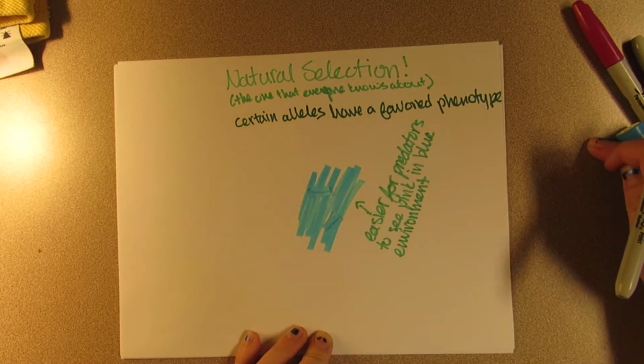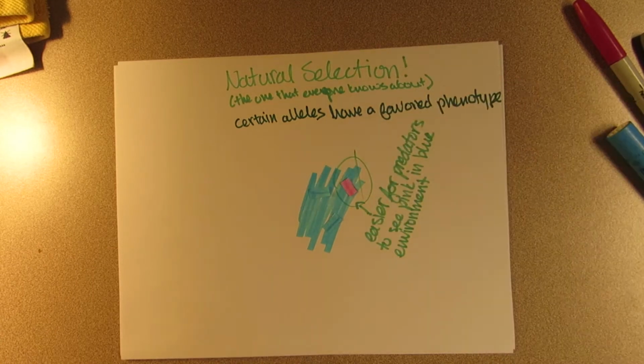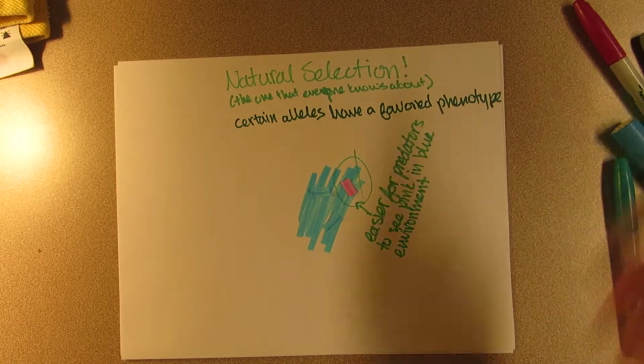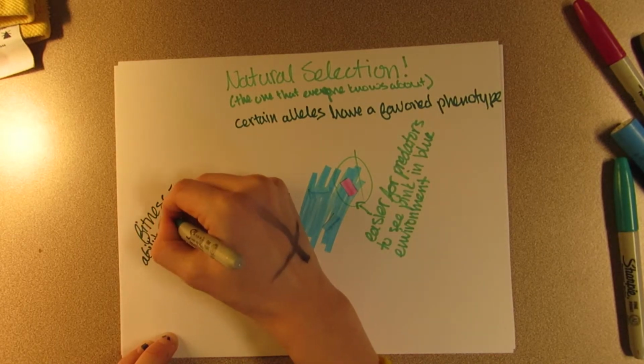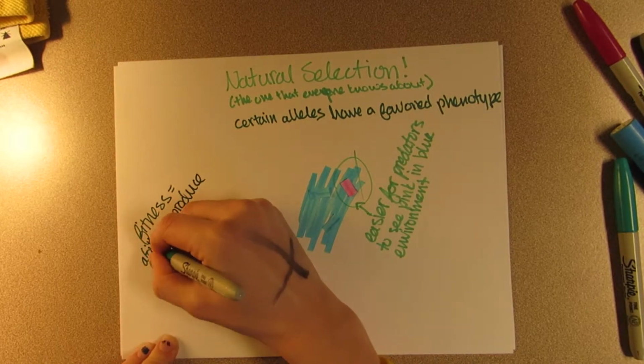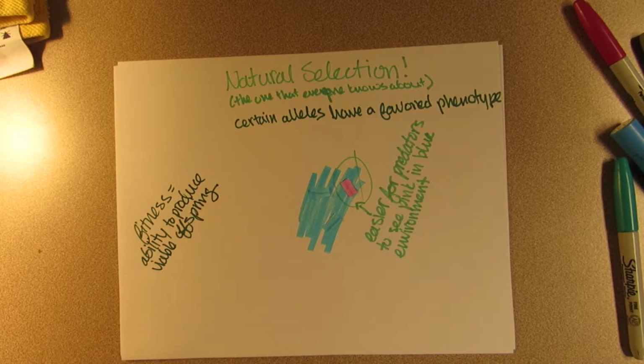And that means that if the pink is eaten, then they aren't going to be able to produce offspring as much as the blue. And just for a clarification, fitness is the ability to produce viable offspring, and that's what is the driving force behind natural selection.